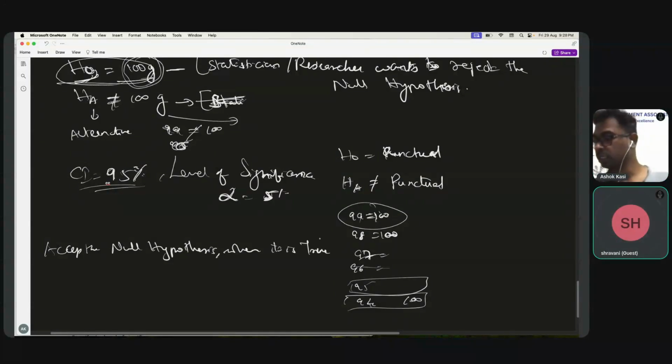That means it is 100 gram, and your research also told that it is 100 gram. This can be one output. Second output can be reject the null hypothesis when it is true. That means it is actually 100 gram, but then your experiment is rejecting it.